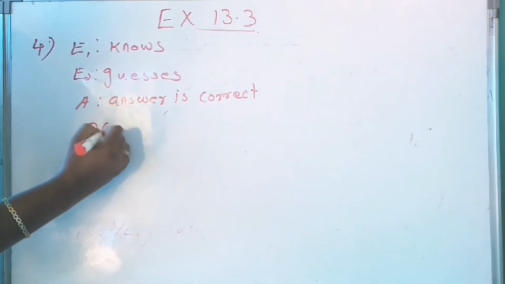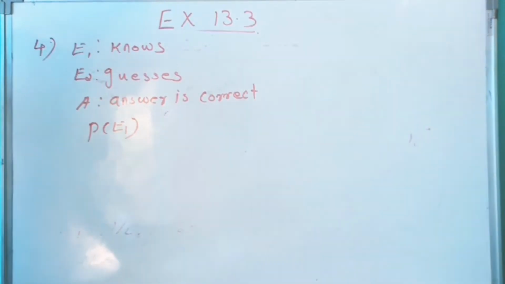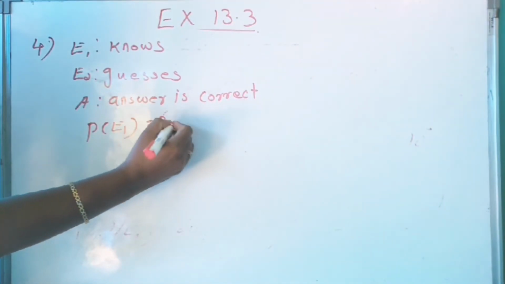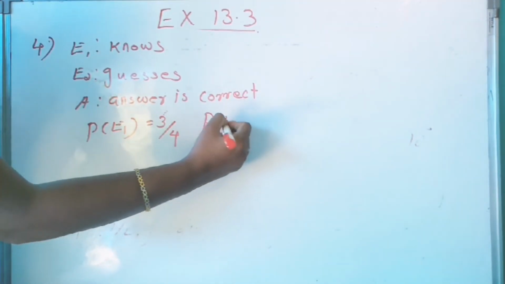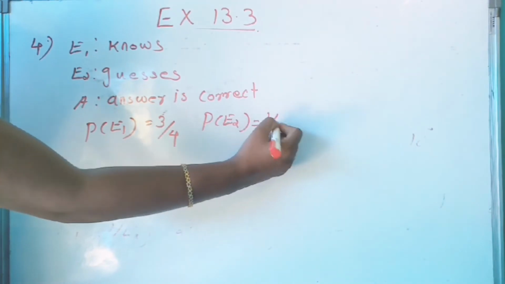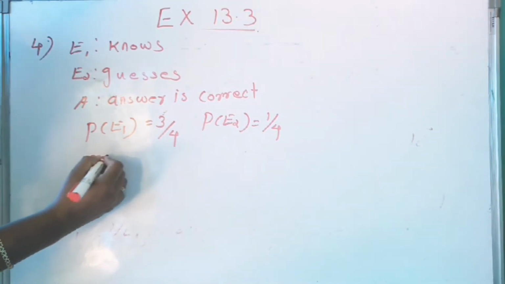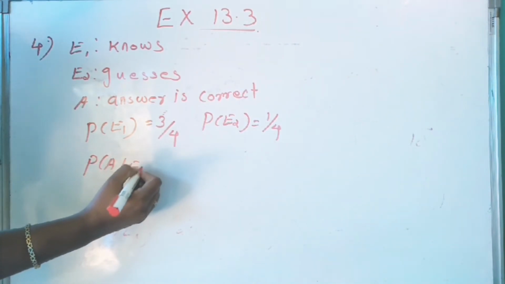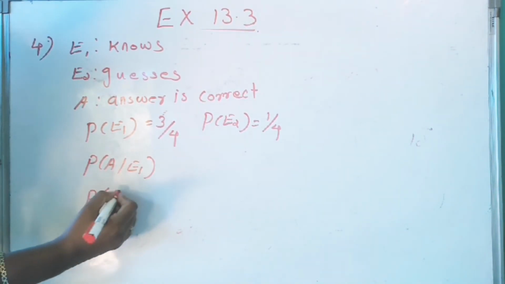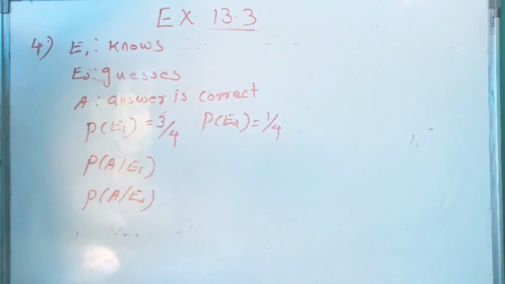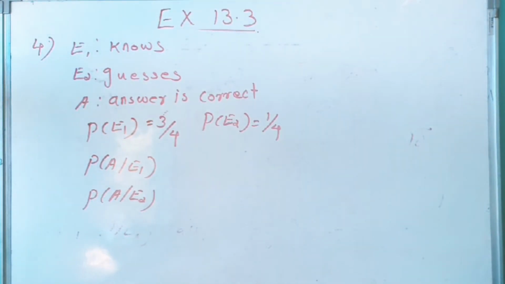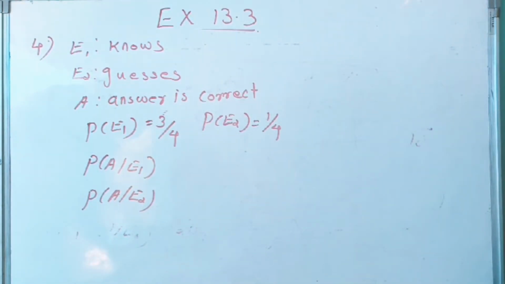Now P of E1 is given in the question, 3/4, and P of E2 is also given, 1/4. Now what is P of A given E2? That is given in the question. A student who guesses at the answer will be correct with probability 1/4.